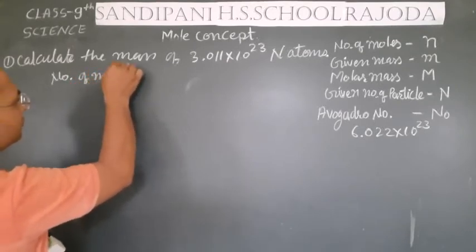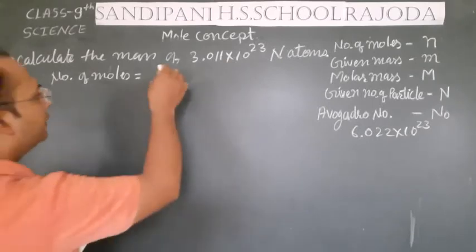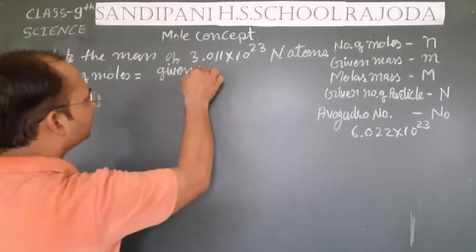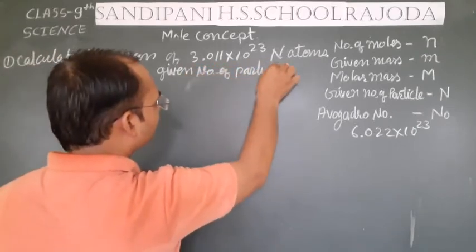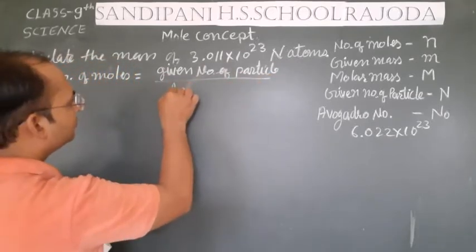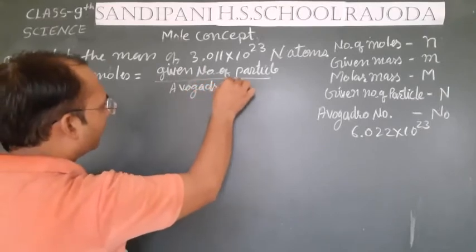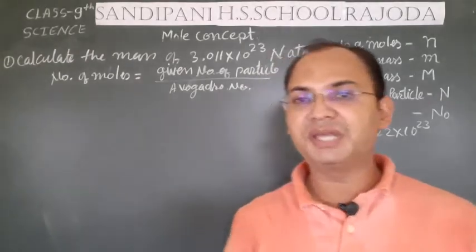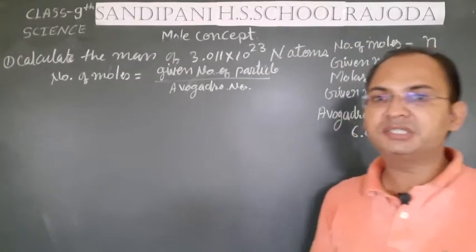Number of moles is equal to given number of particles upon Avogadro number, because first of all we have to find the number of moles, then we will calculate its mass.